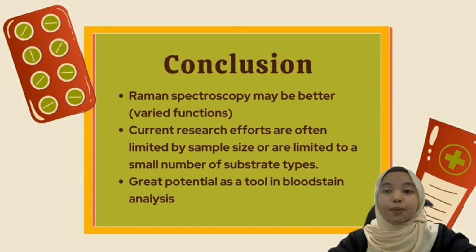In summary, spectroscopic techniques have great potential to be highly useful tools in bloodstain pattern analysis, but much more is still required before their limitations are fully understood, and their use can be recommended as standard operating procedures by practitioners in the field.